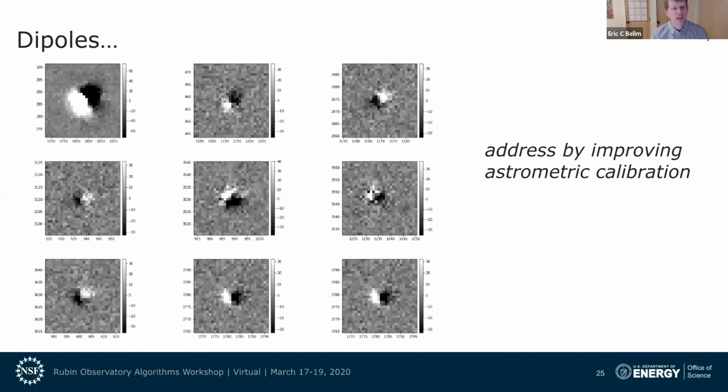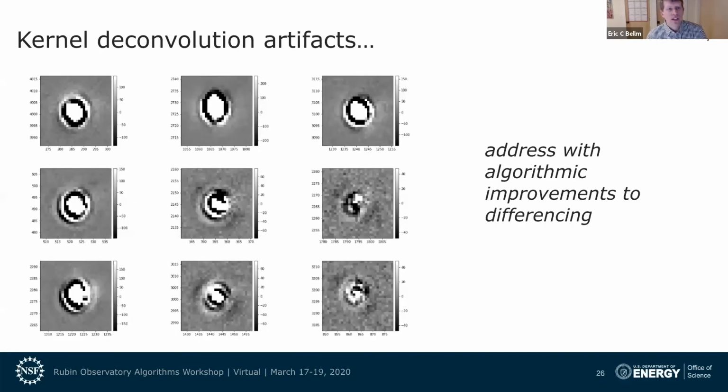And so clearly we have some more work to do with that process. We have some ideas. There are deconvolution artifacts, problems with the kernel solution. We know the flow chart of comparing how the different science and template images, how their PSFs match up, is not as good as it could be. So this is something that obviously needs some attention.